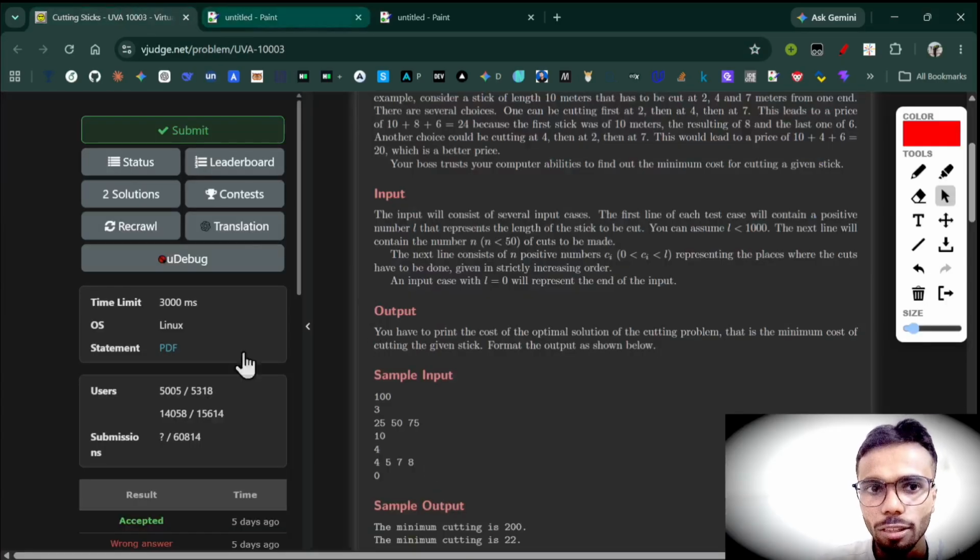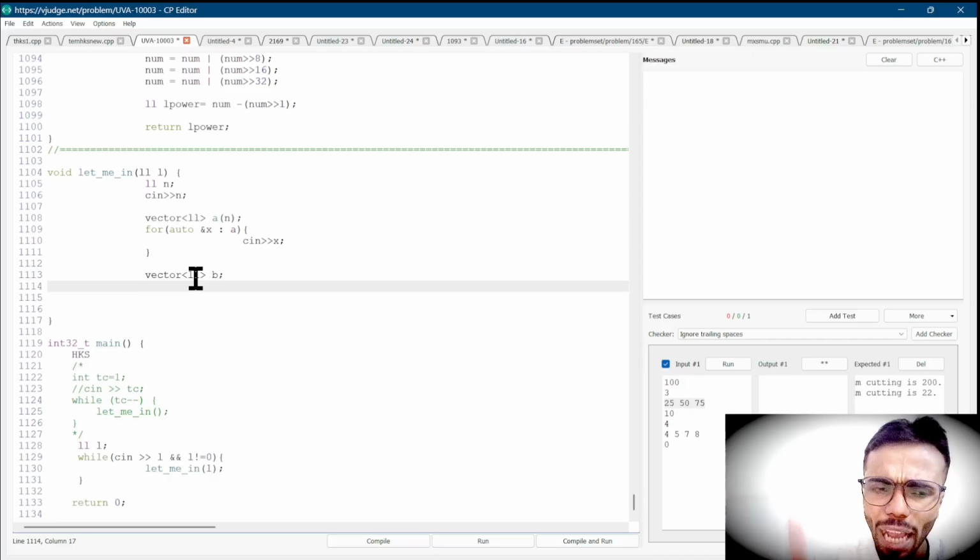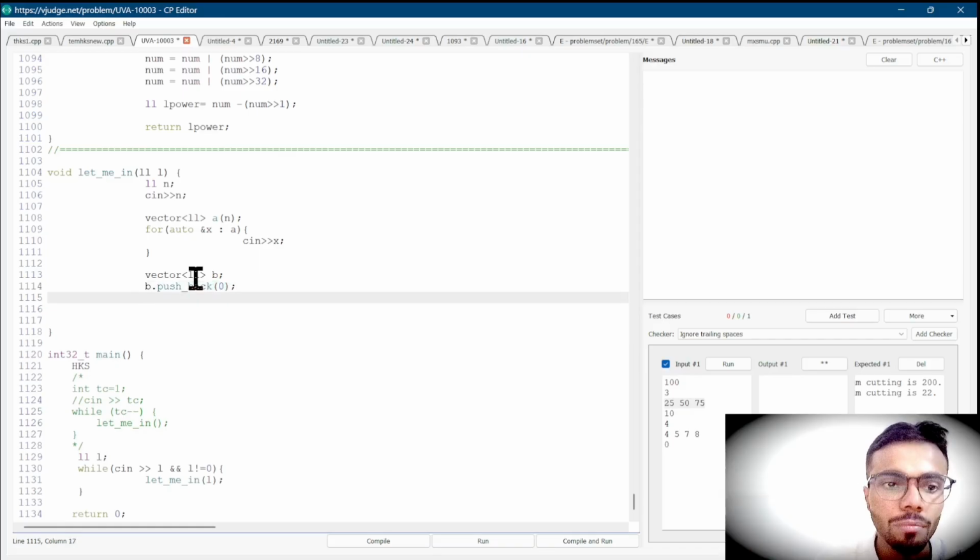To resolve this, I will add the endpoints 0 and L in this container A. For that, I need another container that takes all the values of A. Now I'm adding the endpoint, basically 0, and the other end. What is the other end, guys? That is the length of the interval, basically the length of the stick, which is what we're given.